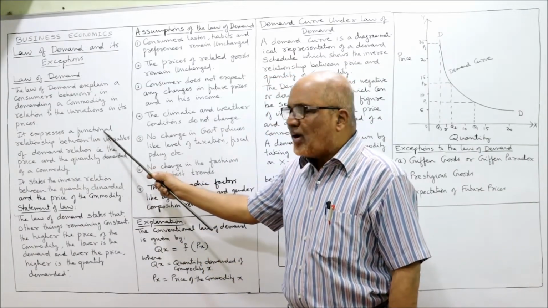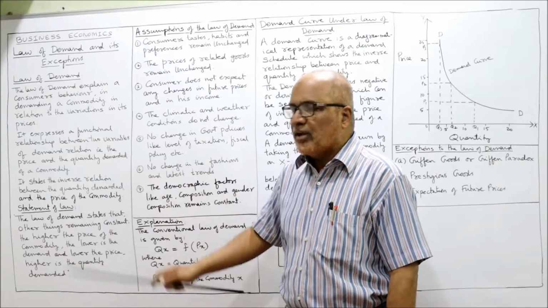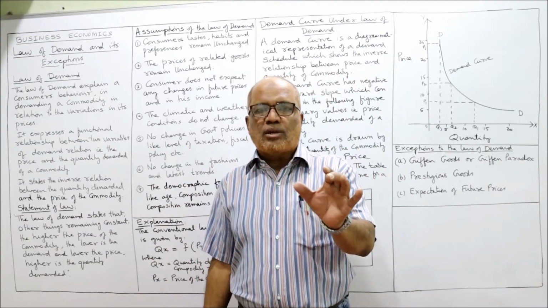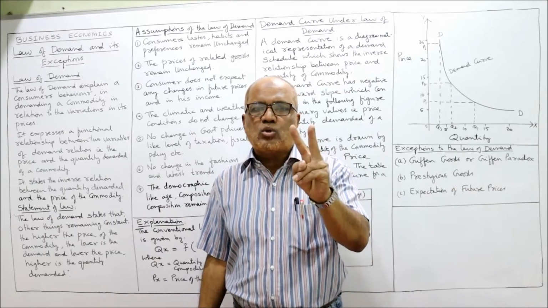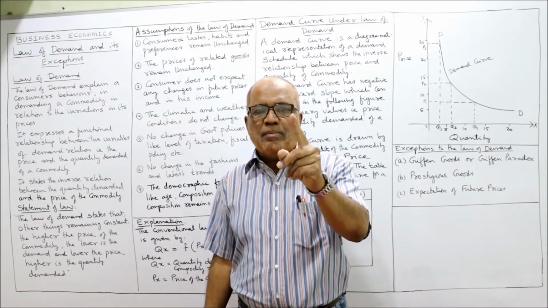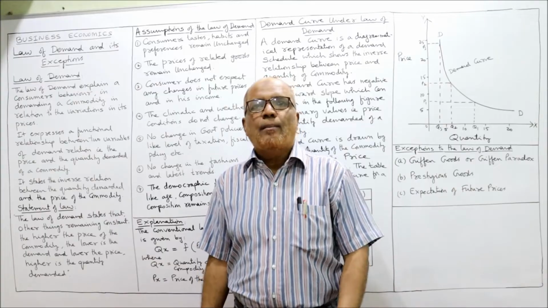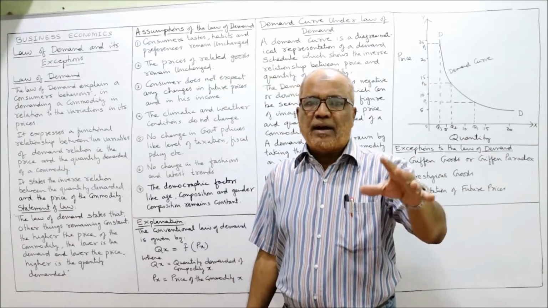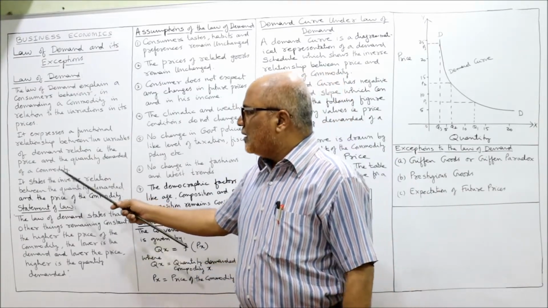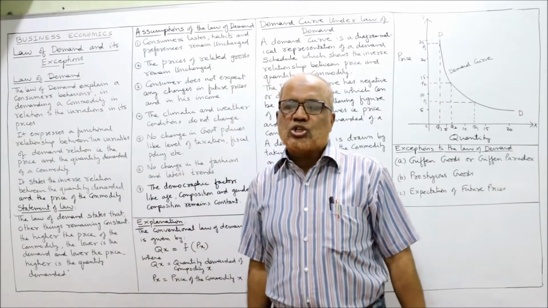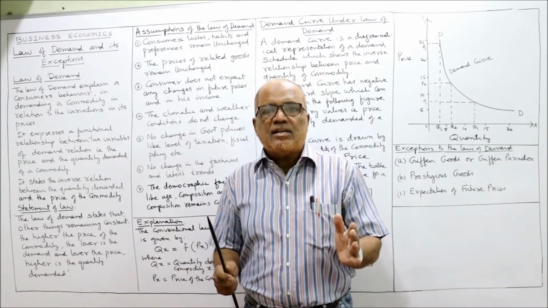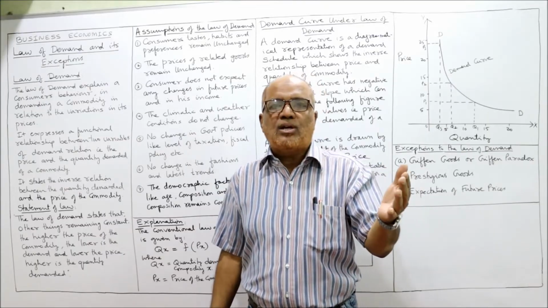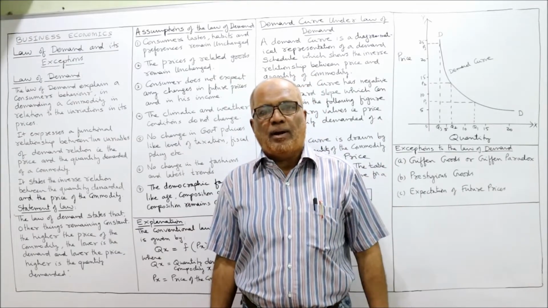It expresses a functional relationship between two variables. This demand function expresses the functional relationship between two variables: one variable is demand, the other variable is price. Demand depends on price. Then it states the inverse relationship, the opposite relationship between price and demand.